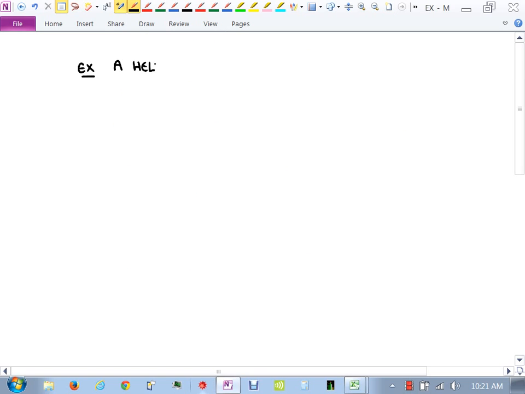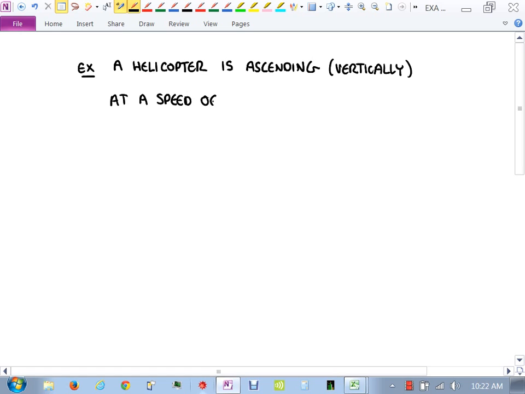A helicopter is ascending vertically at a speed of 0.75 feet per second.